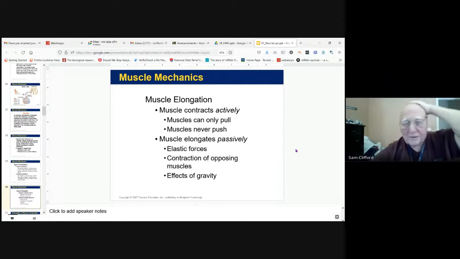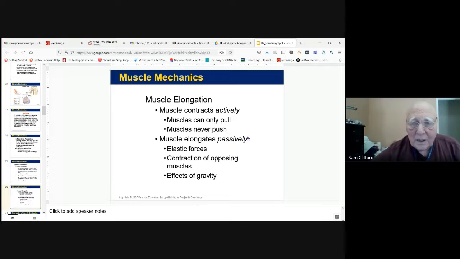Okay. Muscles can elongate, but all they do is pull, they don't push. So when a muscle elongates, it's elastic forces of the connective tissue that resist that. But as we move our joints and as one muscle contracts and one muscle relaxes, we have to have an agonist muscle and an antagonistic muscle that allow movement, walking, coordinated playing of tennis, for instance.